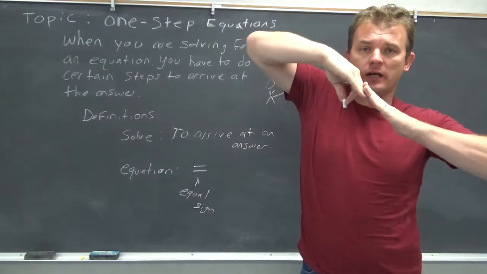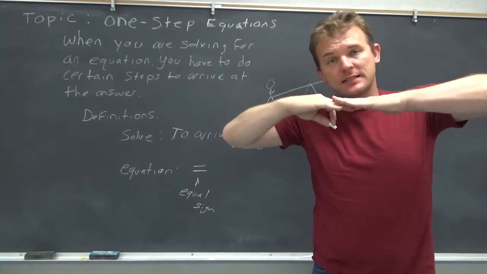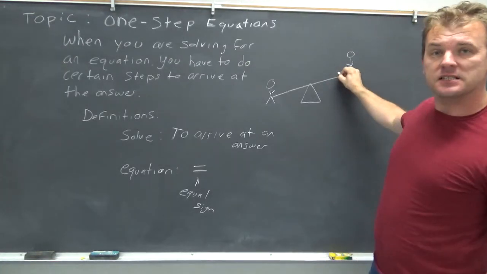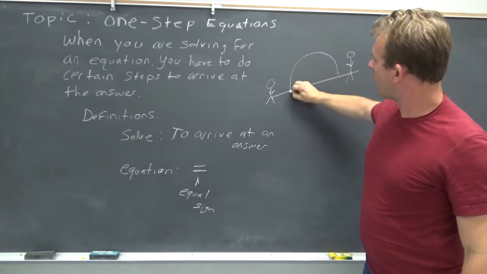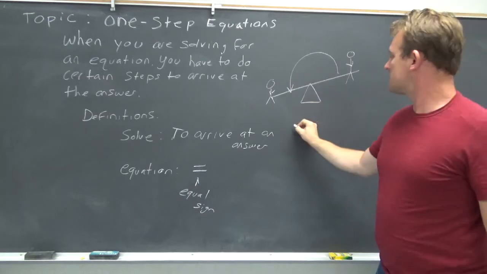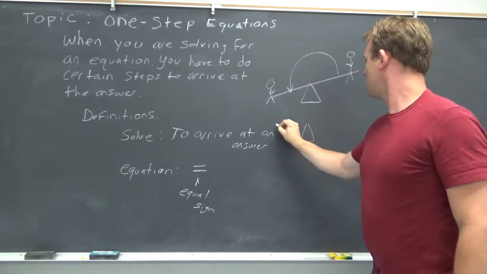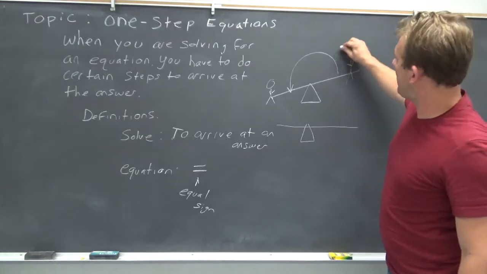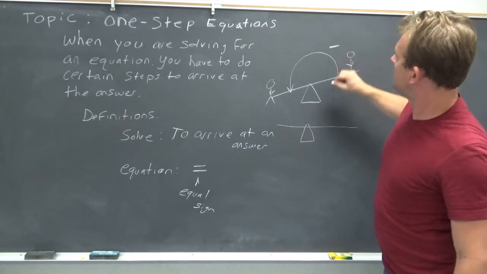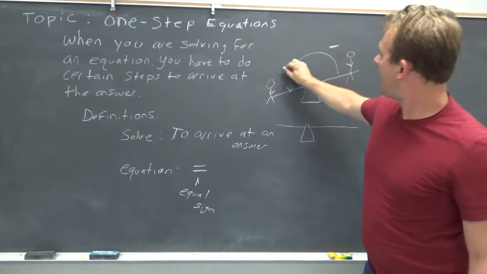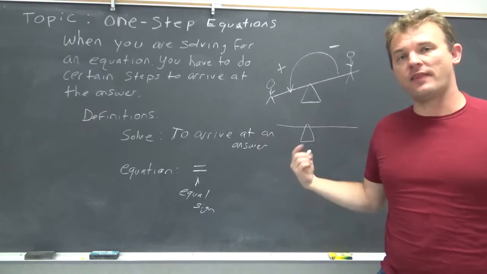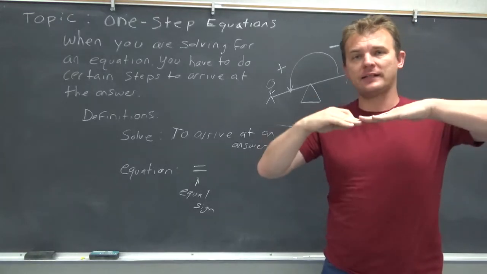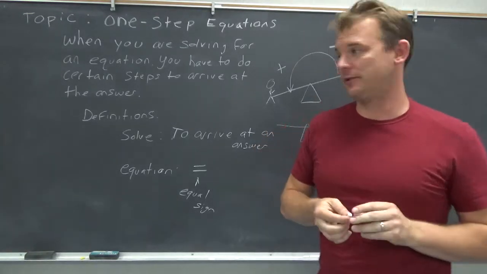Right now we're here, how do we make this balanced? We have to do something to this side to bring over to this side to make it balanced. So we may have to subtract from this side and add that same thing to that side. That's kind of what we're trying to do: balance the teeter-totter, balance the equation.